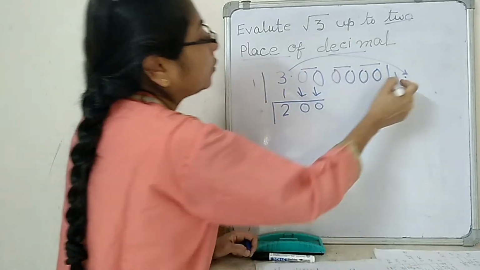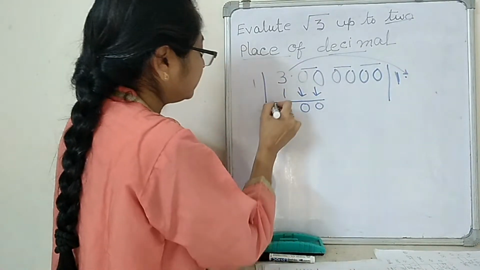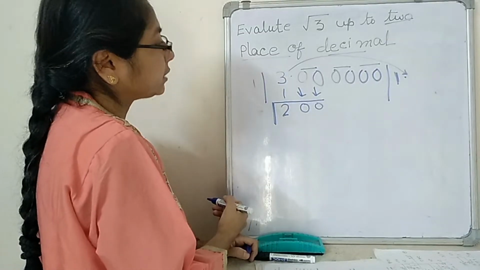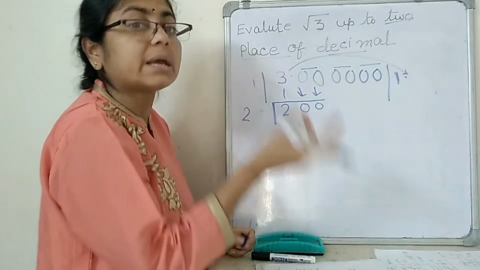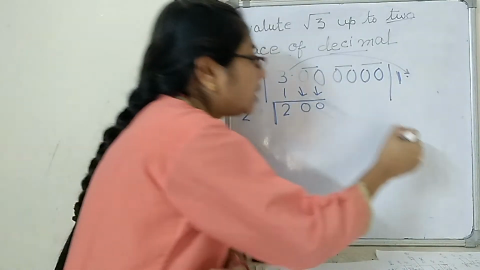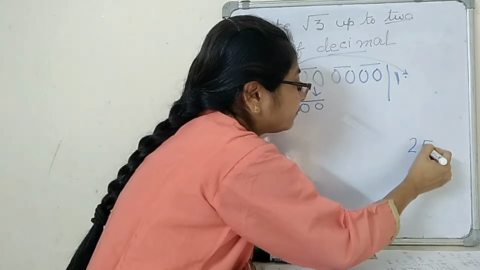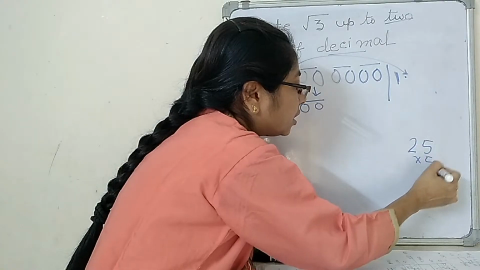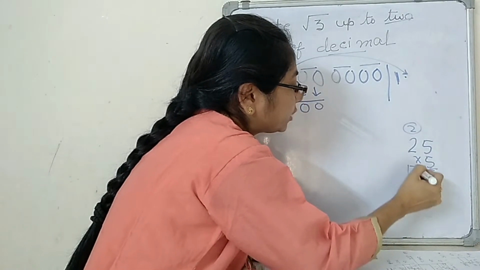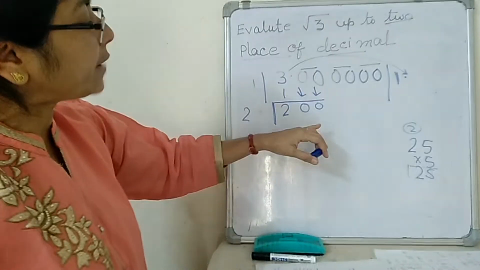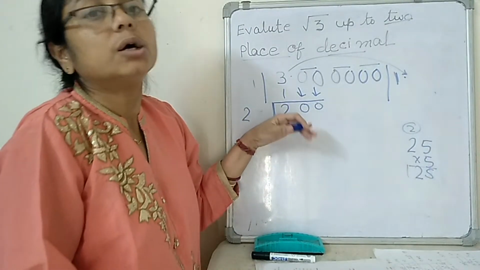Next, 200. One number doubled, it is 2. Now I put any number and multiply by the same number. I try 25. 25 into 5 is 125, but 125 is very much less than 200.